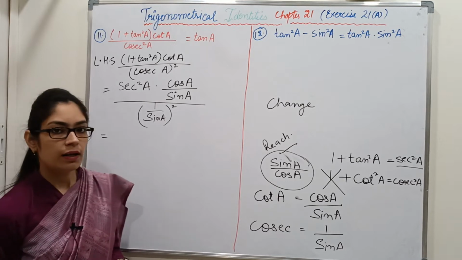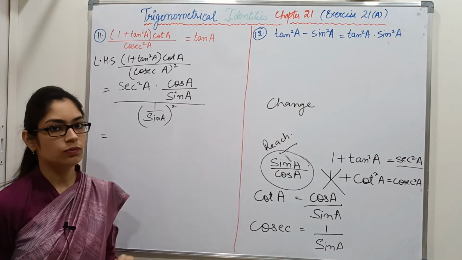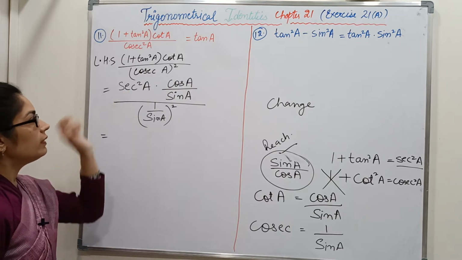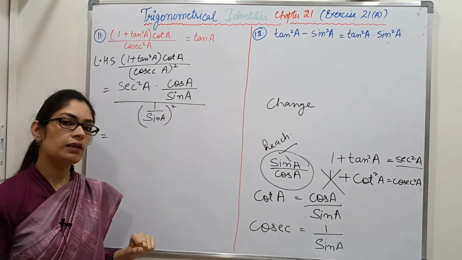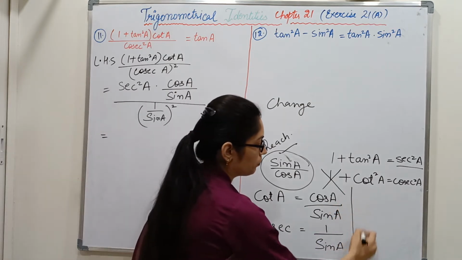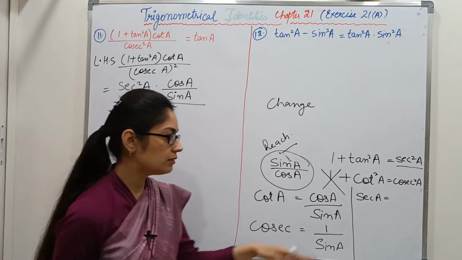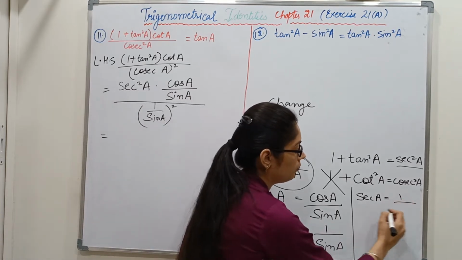Then again, I converted everything to sin and cos form, but this secant is there. So let's convert this also to sin and cos form. So secant A, in reciprocal relations we have learned, is a reciprocal of cos.